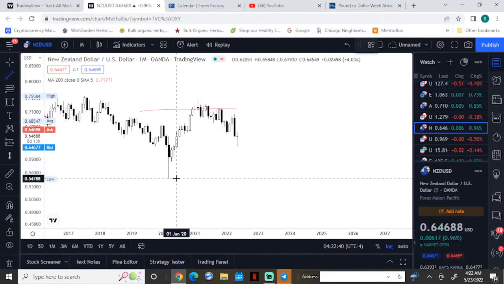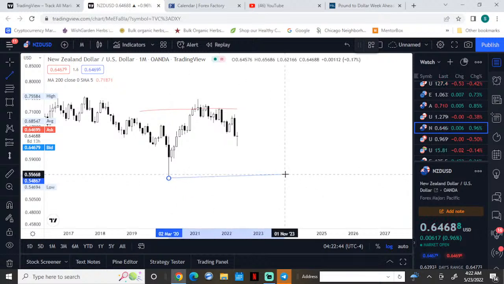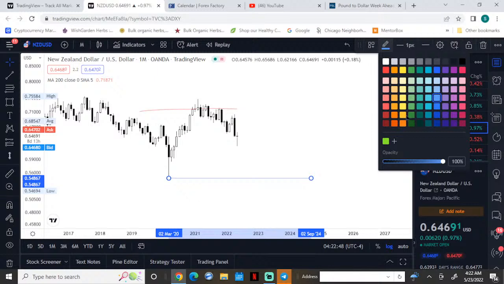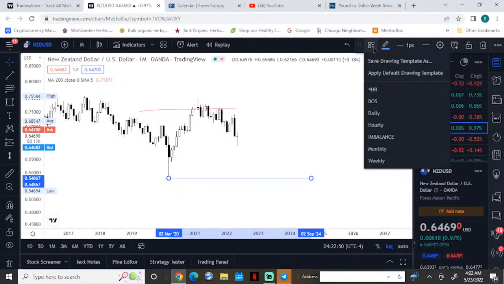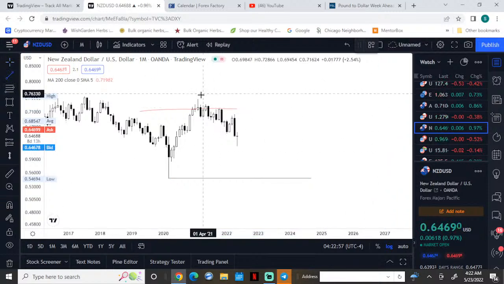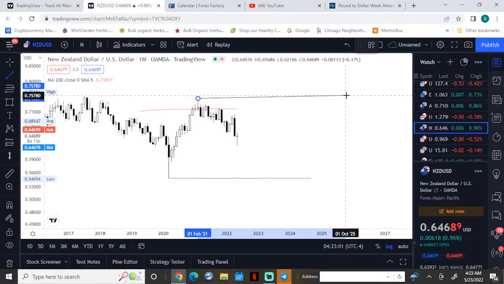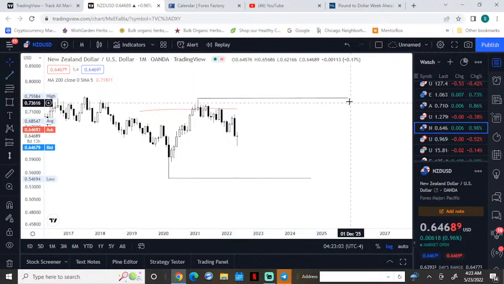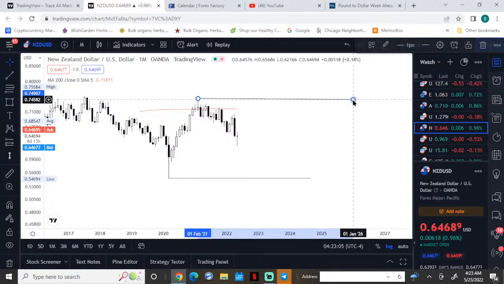I am going to mark March 2020 low, and February 21st highs, February 2021 high.